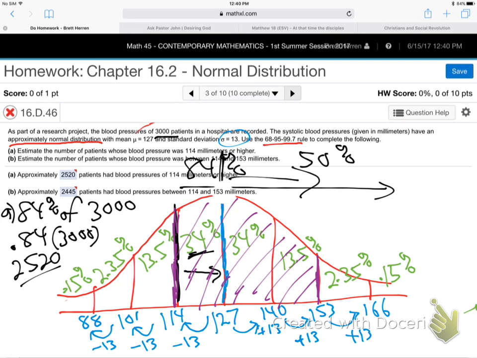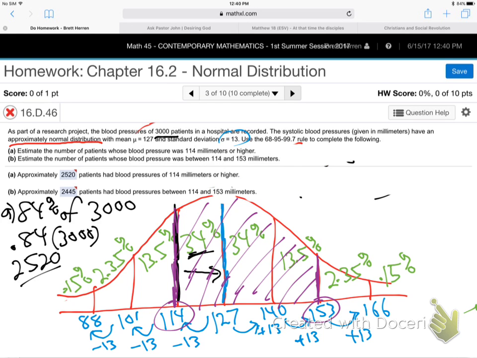That's part B. That section right there, 114 to 153.